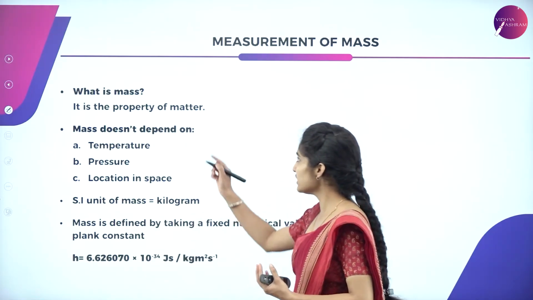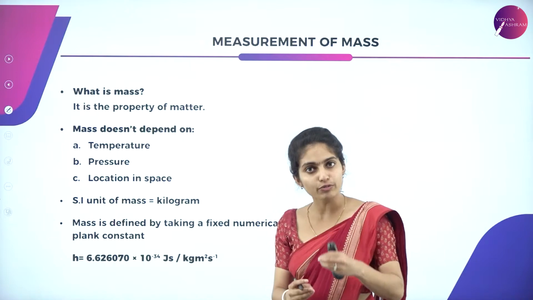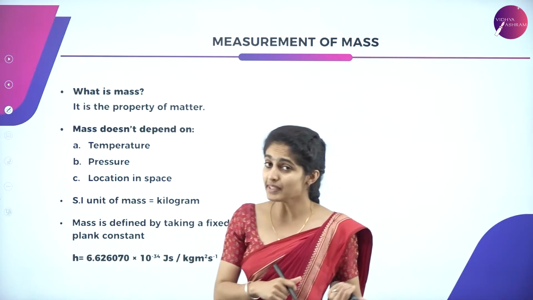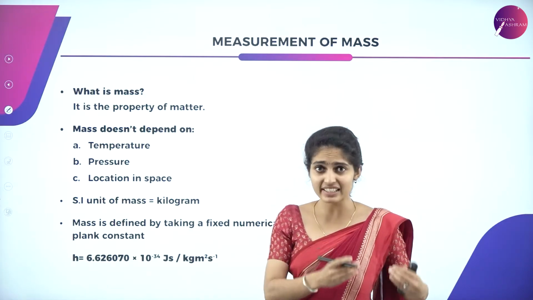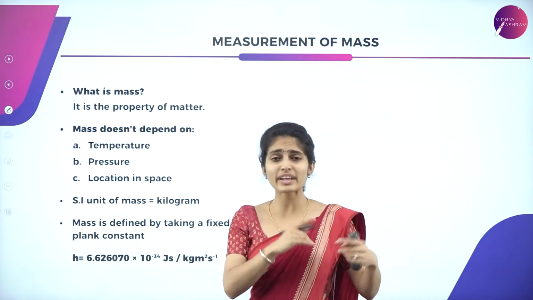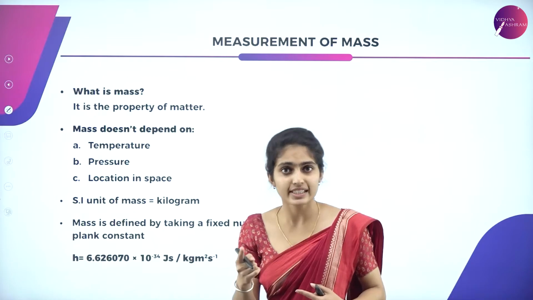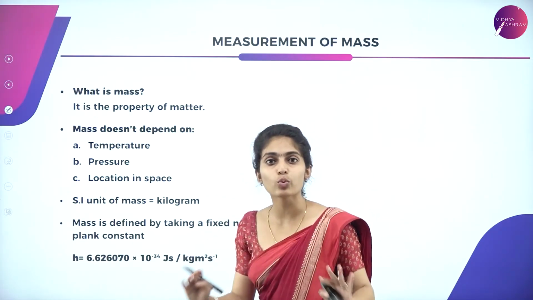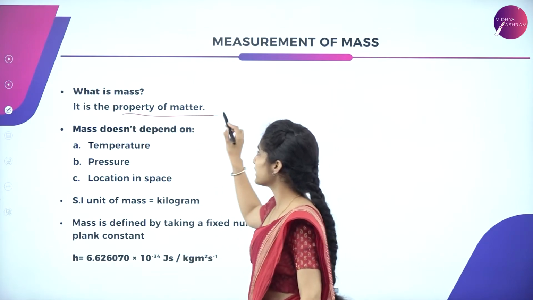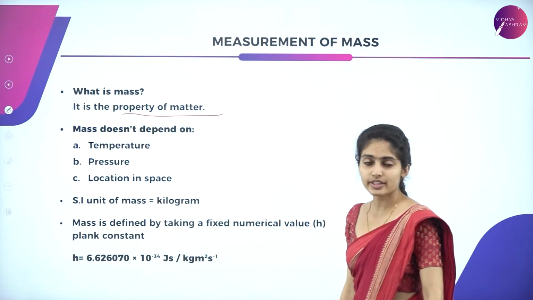So what is mass? It is the property of matter. There might be a change in weight on certain planets. The weight on Earth may differ from the weight on the Moon, whereas in the case of mass, it is one and the same throughout. So it is the property of matter.